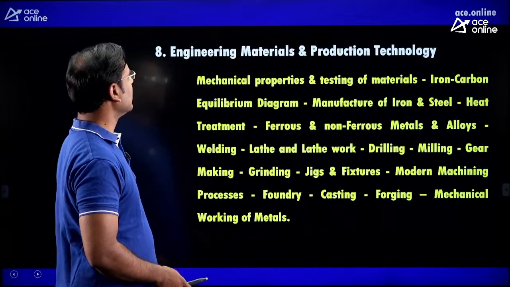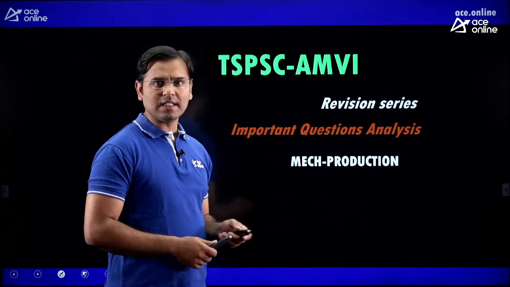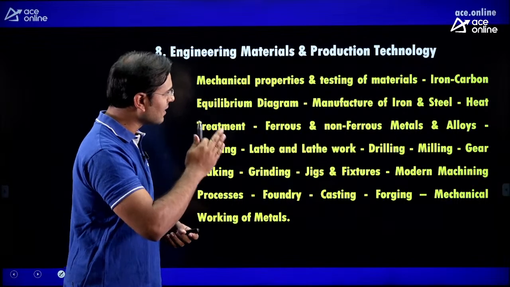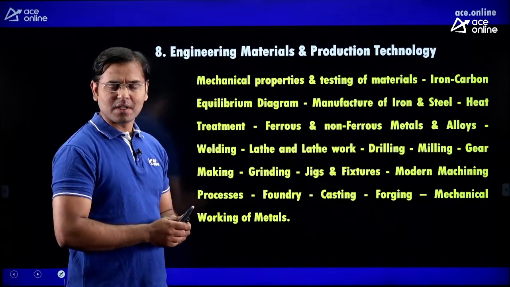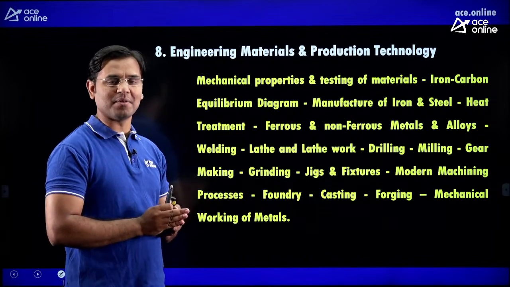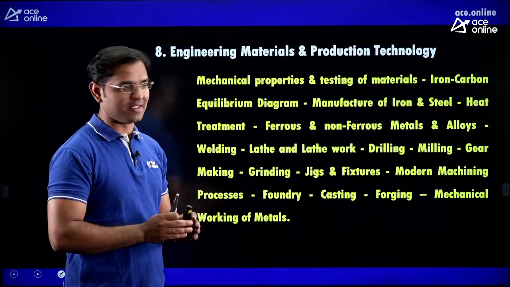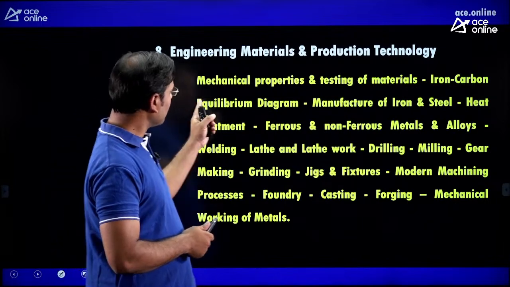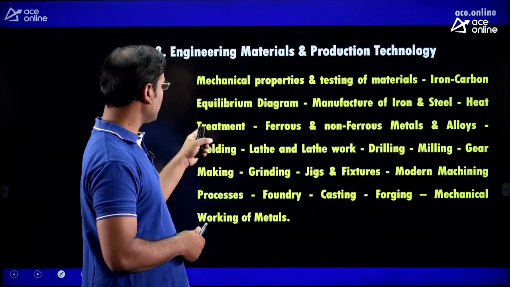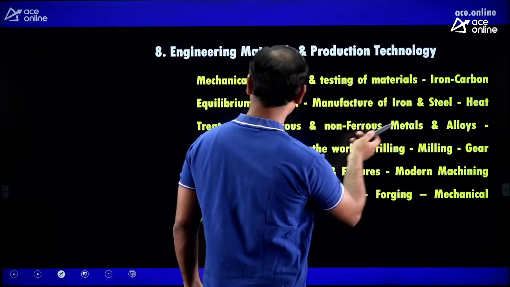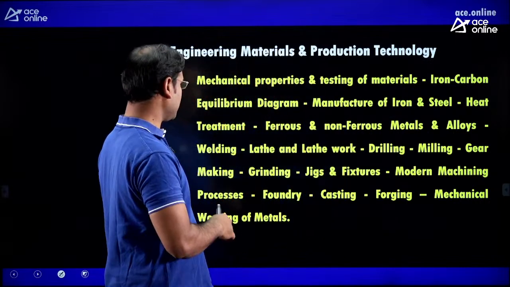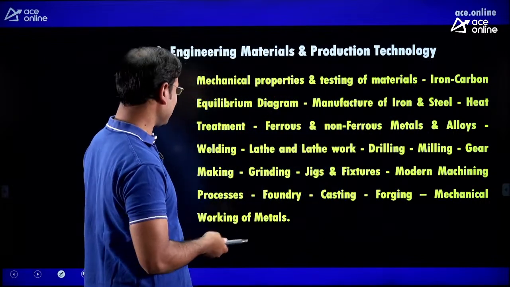First see the syllabus. In your TSPSC AMVI syllabus, this is chapter number 8, Engineering Materials and Production Technology. One session of this subject is already over and it was taken by my colleague Madhushekar Sir. He completed mechanical properties and testing of materials, the iron-carbon equilibrium diagram, manufacture of iron and steel, heat treatment, and ferrous and non-ferrous metals and alloys.